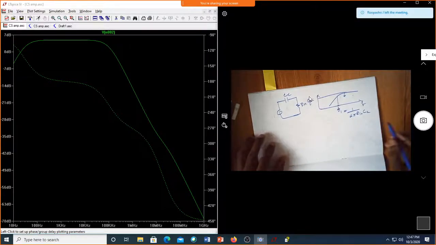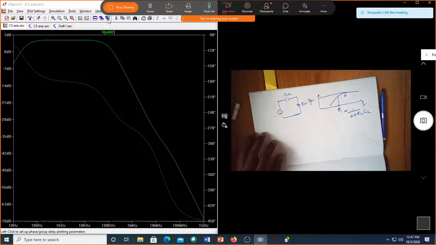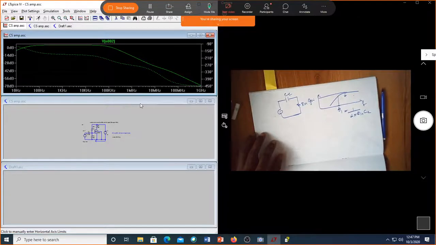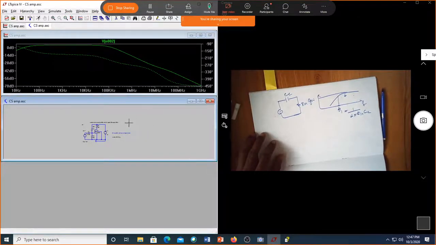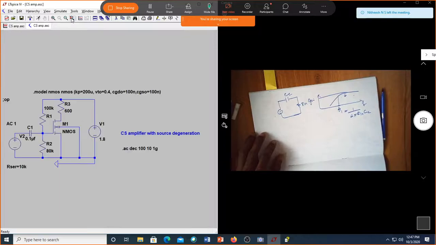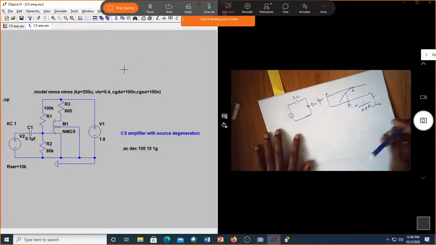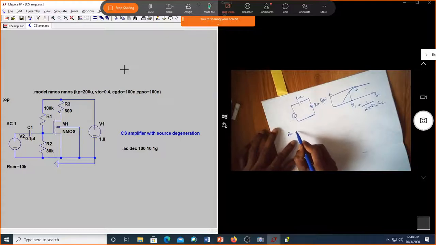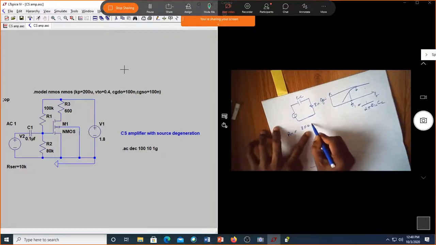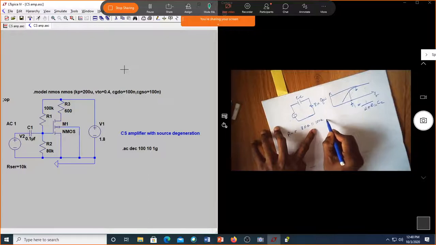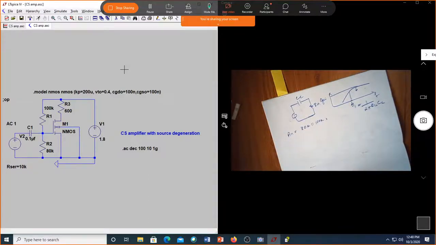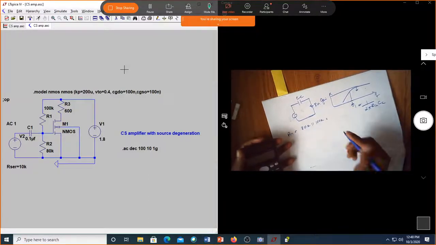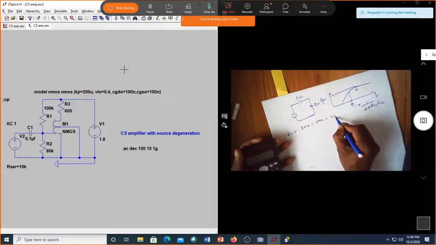What is Rin now in this circuit? Is it 100k in parallel with 80k? Can someone give me what 100k in parallel with 80k is? Rin is 44.44k.